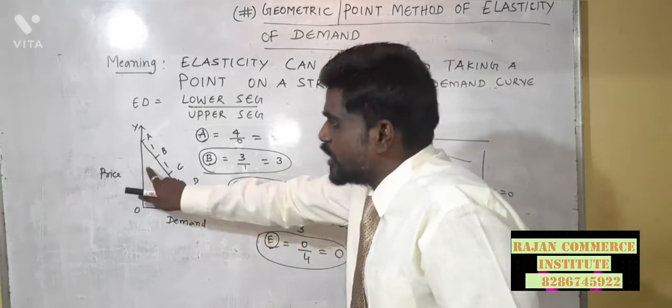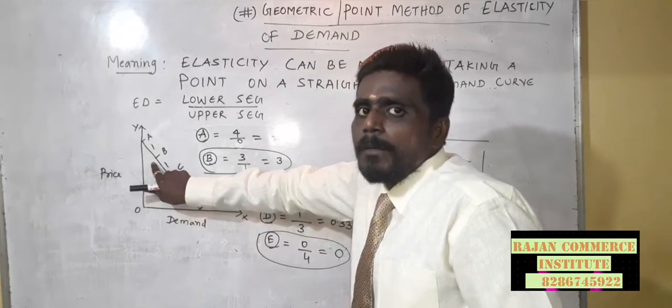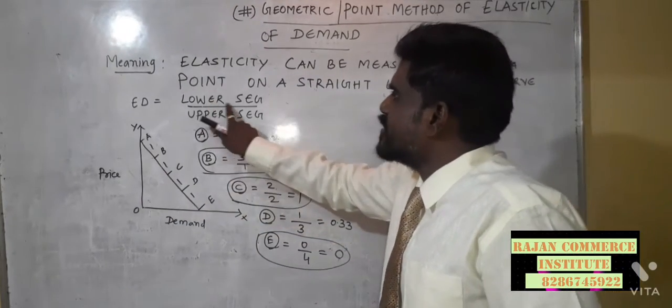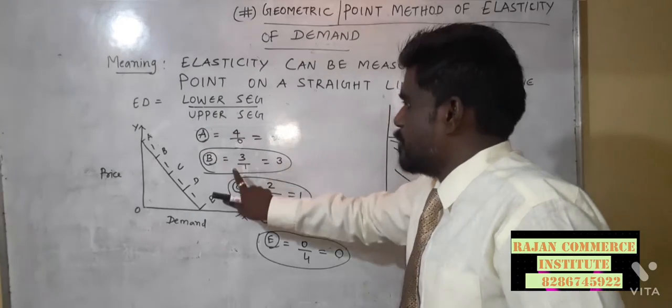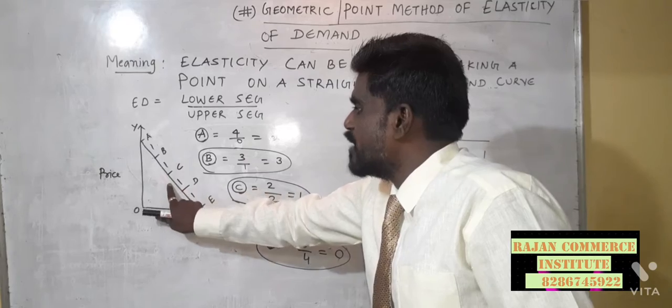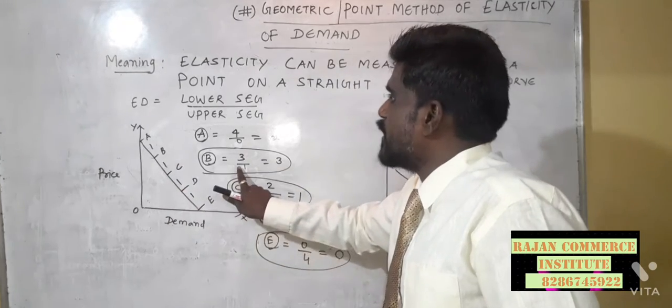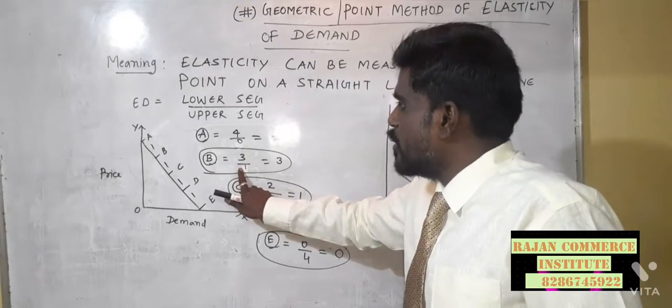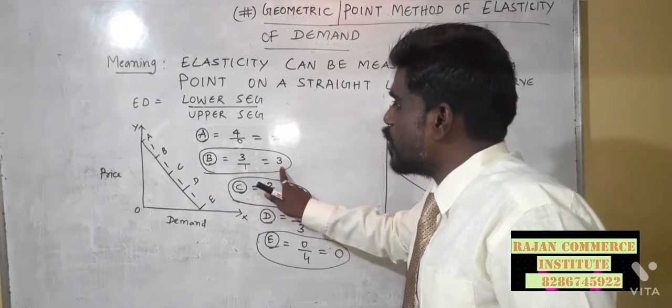Now I am going to check the ED of point B. Point B is equal to lower segment upon upper segment. The lower segment is 3 units and the upper segment is 1 unit. So ED is 3.